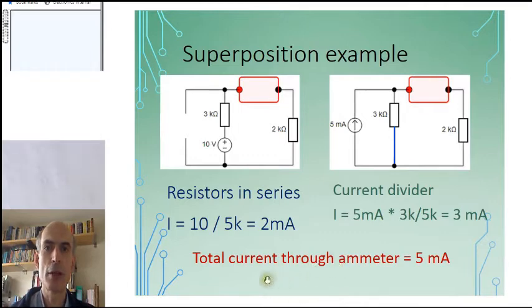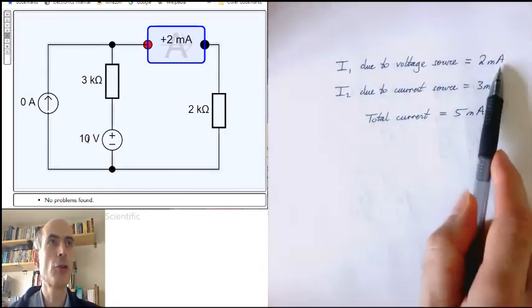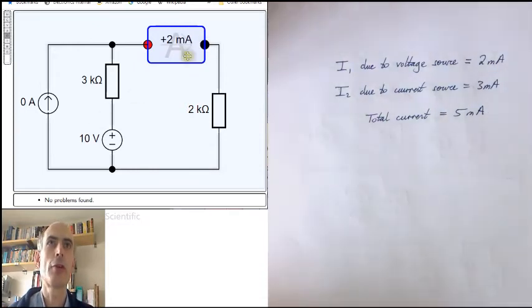Well, we can always check these things on the simulator. Let's have a go. Okay, I've built the circuit. I've set both of the independent sources to 0 for now. First, I'm going to turn on the voltage source to 10 volts. And yes, our prediction that that should produce 2 milliamps of current is correct.